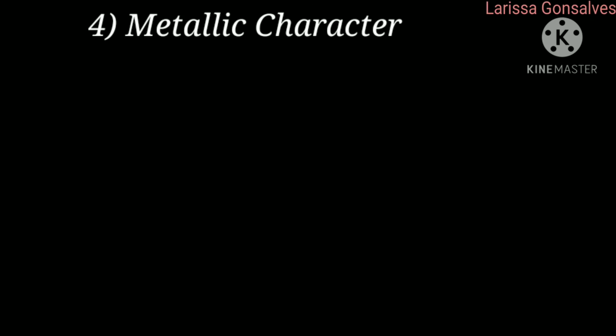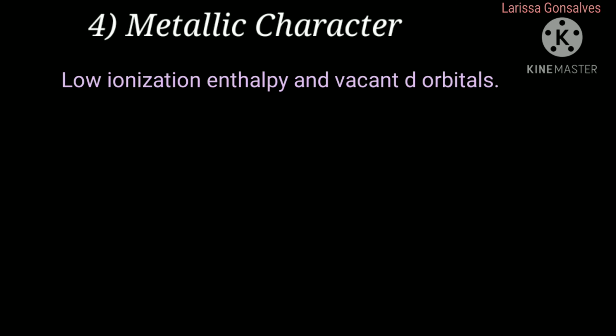Next trend is the metallic character. The metallic character is because of low ionization enthalpies and vacant d orbitals in the outermost shell. This favors the formation of metallic bonds and hence the element shows metallic properties.